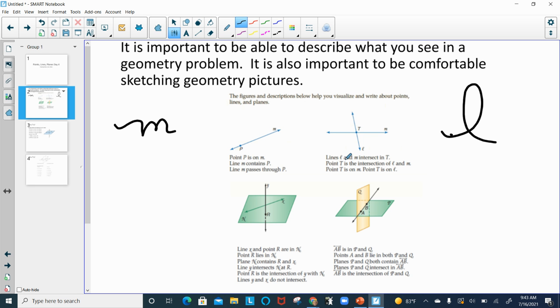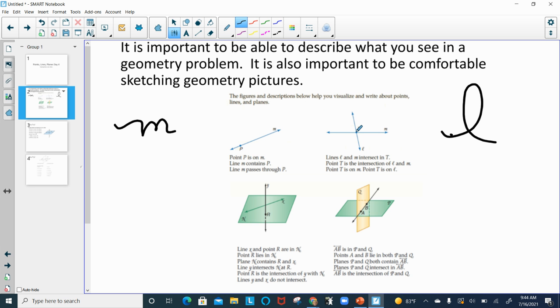So what they're going to do down here below is describe what's happening. Lines L and M intersect in T, or you could say at point T or at T. Another way of describing it is point T is the intersection of L and M. Think about L and M being like streets.